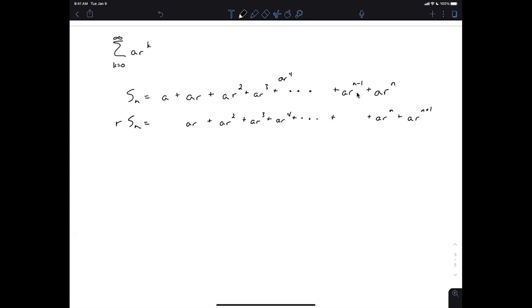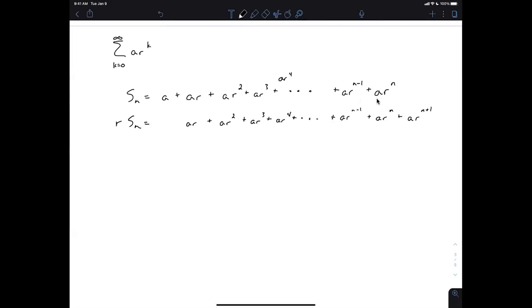Is there an AR to the n minus 1 down here? Yeah, because AR to the n minus 2 would have been here. And is there an AR to the n plus 1 up here? No, because we're not going to infinity. We're just going to n. And so n's the last term up here.